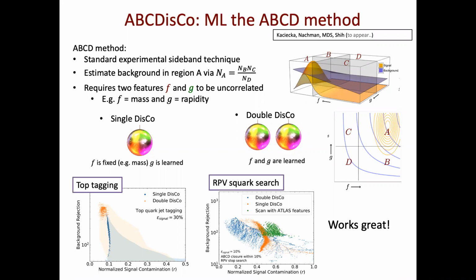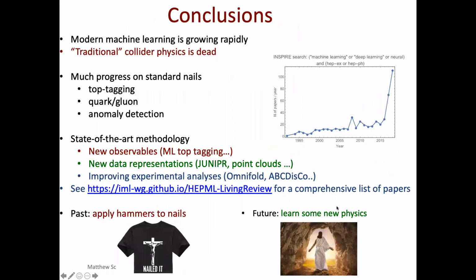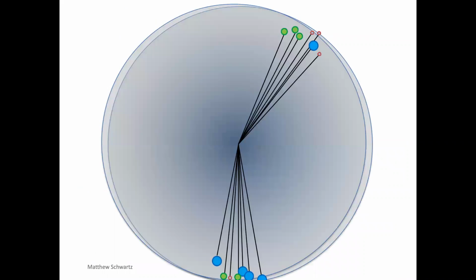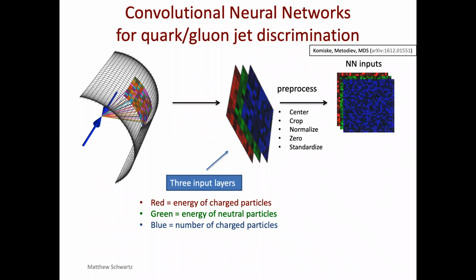My question is about the pages with the 3 layers colored RGB, where one layer represents the energy of charged particles and another the energy of neutral particles.